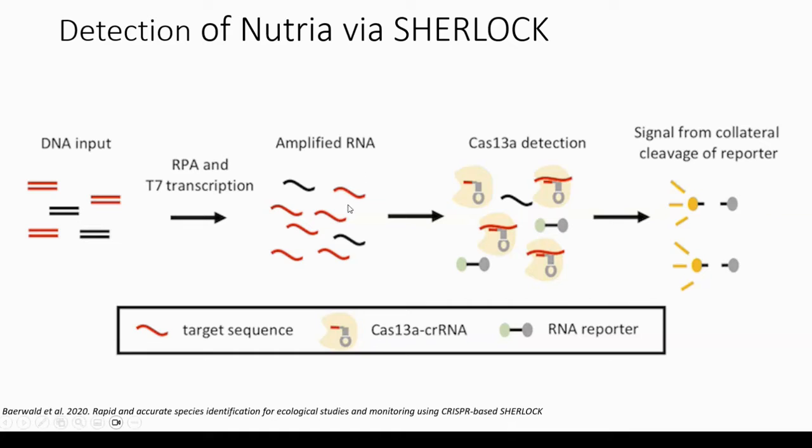That amplified RNA then is bound to guide RNA, which is the sequence of interest, so the mitochondrial snippet from the nutria. And then an activated Cas13 cleaves an RNA reporter that has a fluorescence molecule, and that essentially releases light to our fluorescent reader. The fluorescent reader is able to record that emittance of light.